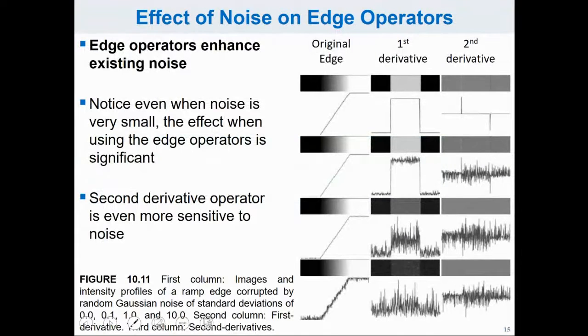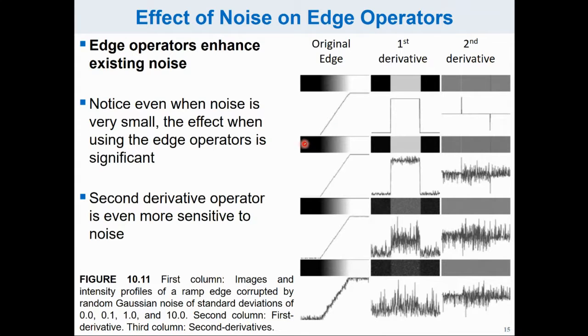We need to also consider the effect of noise when we talk about edge detection. In this example over here, this is my original edge, and it's just a ramp edge. And then if I look at the first derivative and the second derivative for each one of them, let's look at the effect of noise.